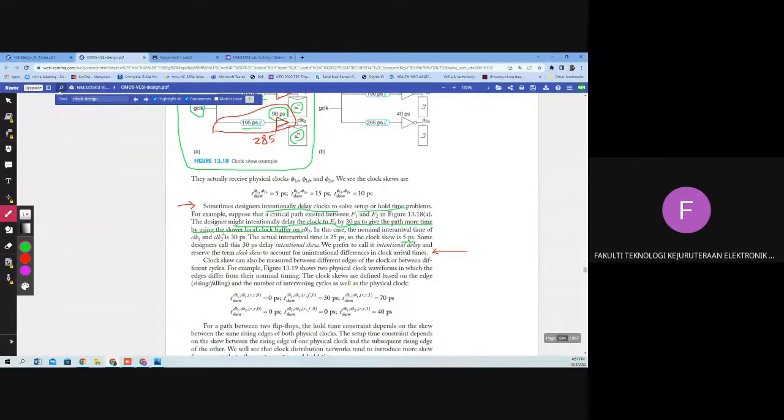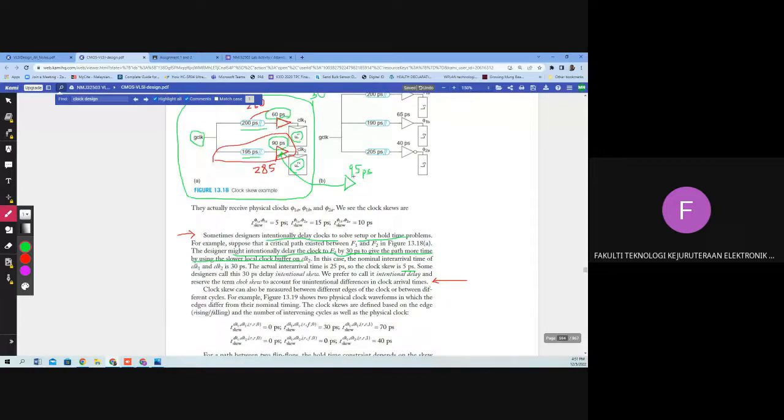To give more delay, we use a slower local clock buffer on clock 2 here. So here we substitute with a slower clock buffer, which is an additional 5, so 95 picosecond. When this becomes 95 picosecond, the total delay will become 290 minus 260, and then the delay will become 30 instead of 25, 30 picosecond.